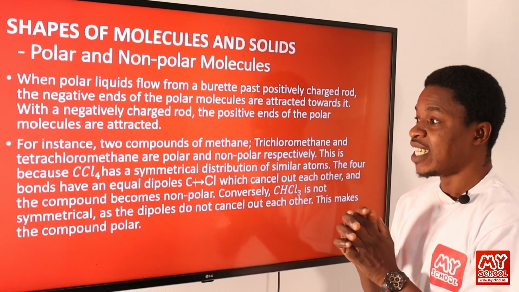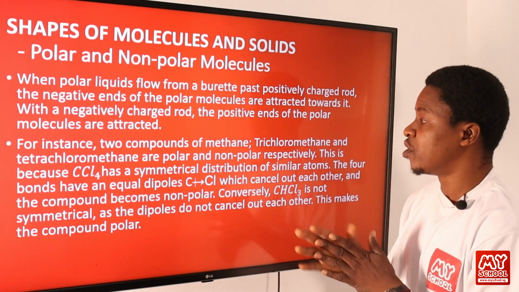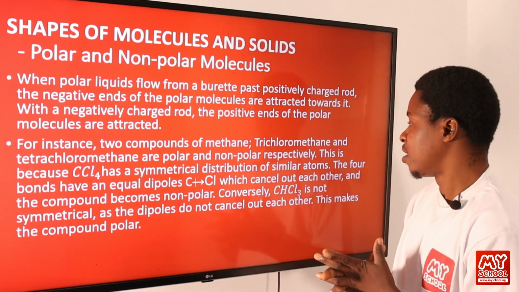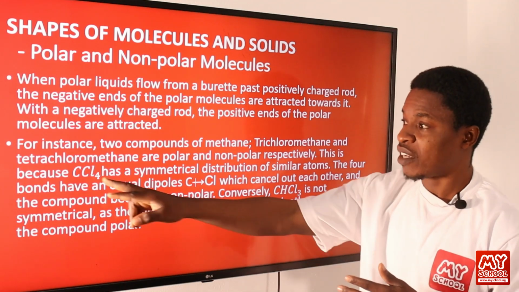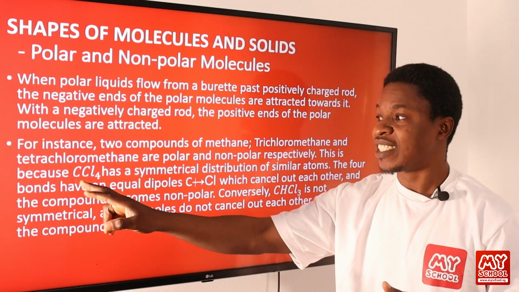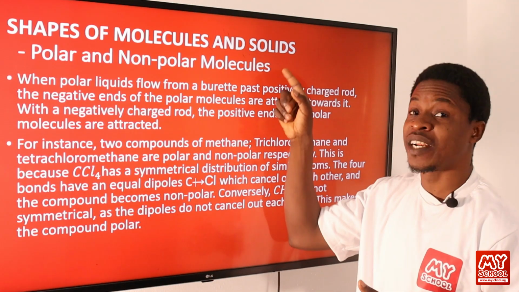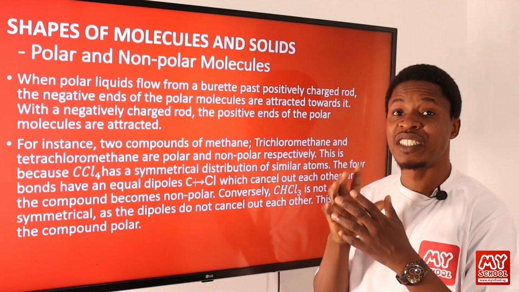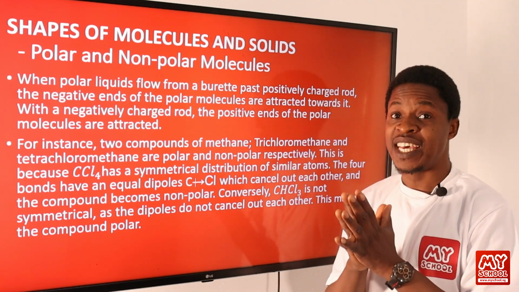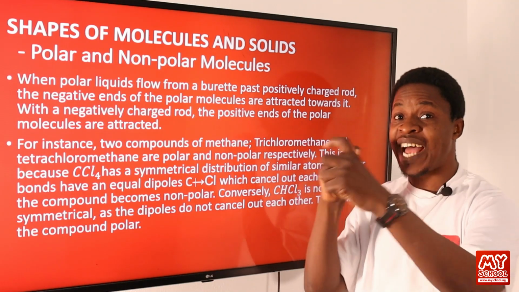We discovered that tetrachloromethane, CCl4, has a symmetrical distribution of similar atoms. When we say similar atoms, you can see we have 4 chlorine atoms attached to the carbon atom. If you draw it out, you have a carbon atom, and because carbon has 4 valencies, it will have 4 bonds attached to it.